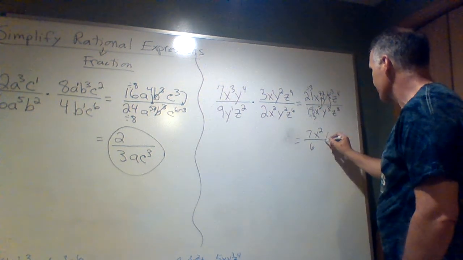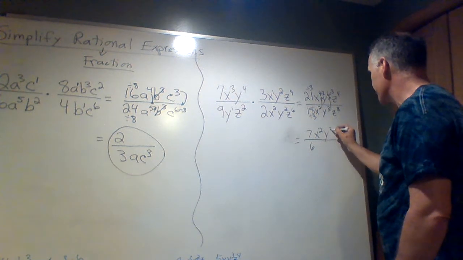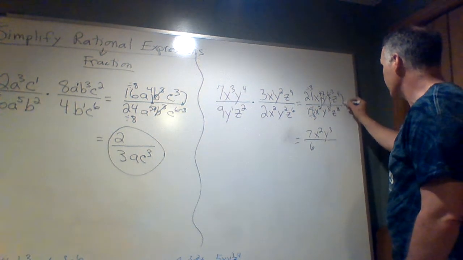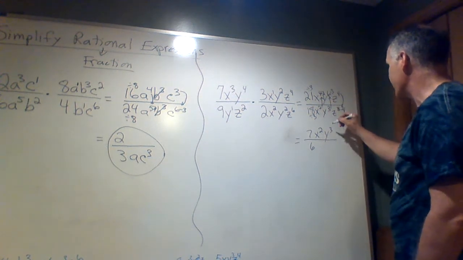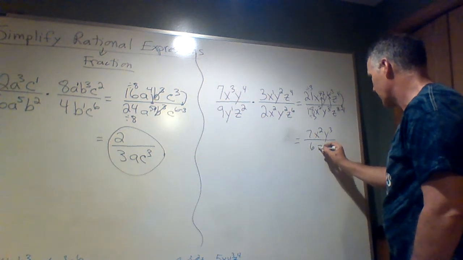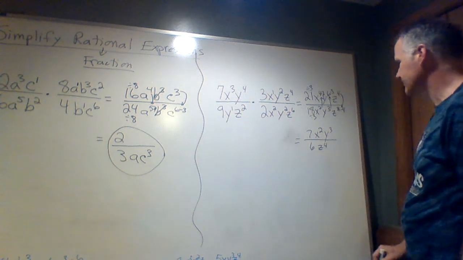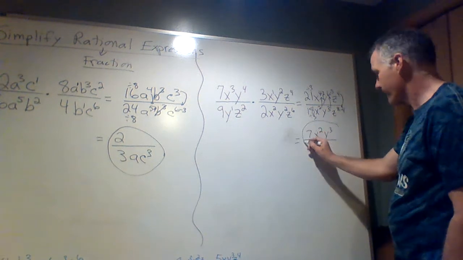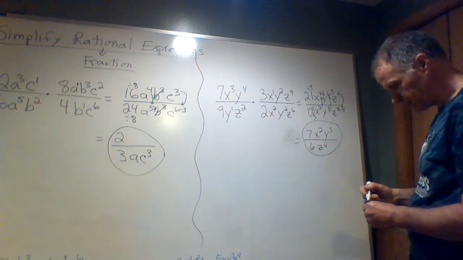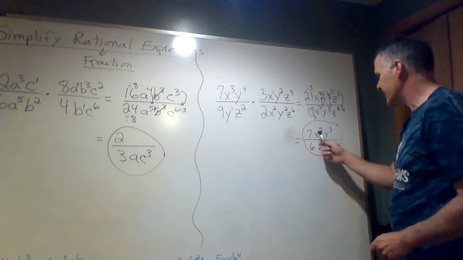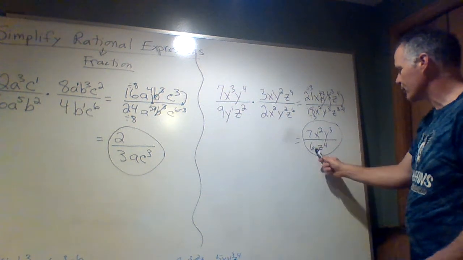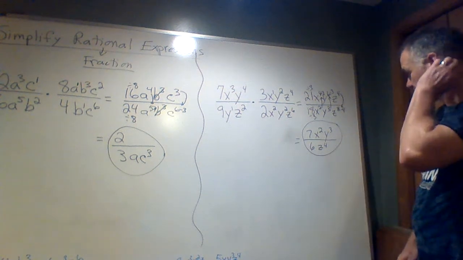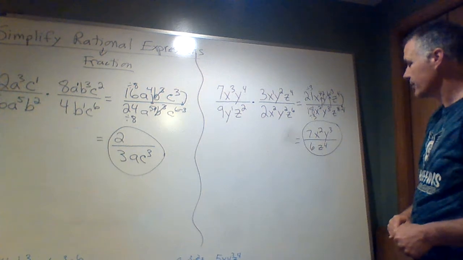So y, 6 minus 3, y cubed on the top. But the 4 is going to go down and subtract from the 8. 8 minus 4, z to the 4, and boom. There we go. So 7x squared y cubed over 6z to the 4. There's our answer.